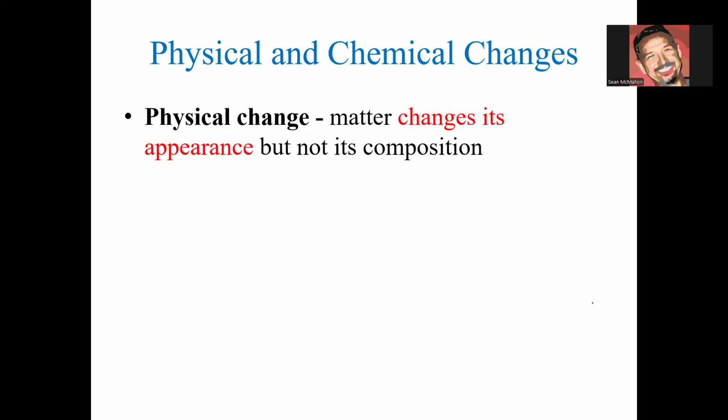So now that we've identified physical properties, again, color, texture, melting point, boiling point, density, it doesn't change the composition. It's just describing its state. Chemical properties, corrosive, explosive, flammable, can conduct, rust, those are all chemical. Now we describe changes. A physical change might change its appearance, but it's still the same compound or substance.